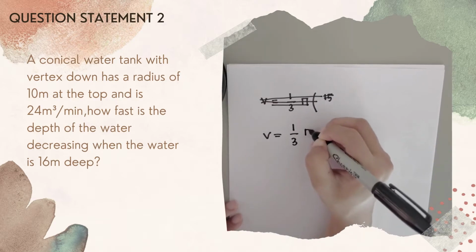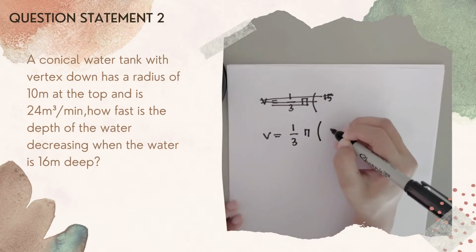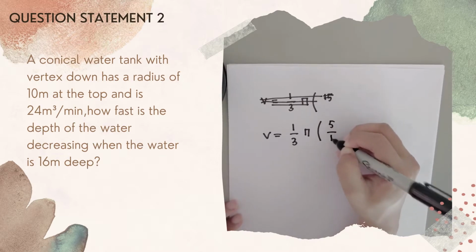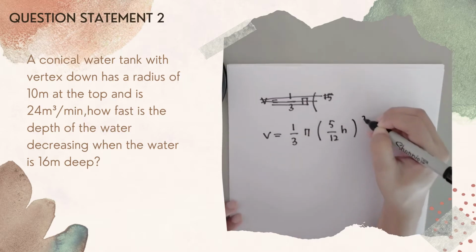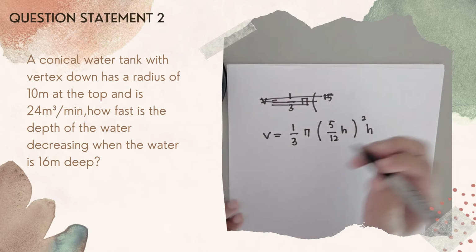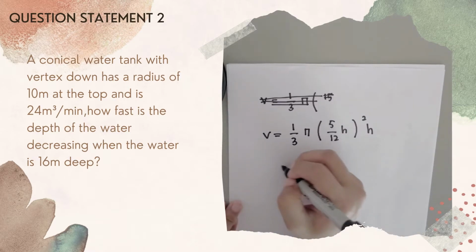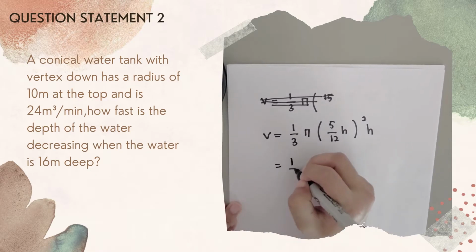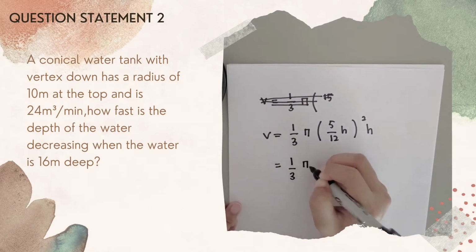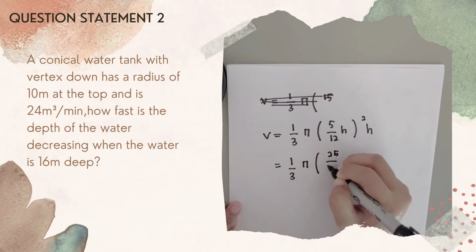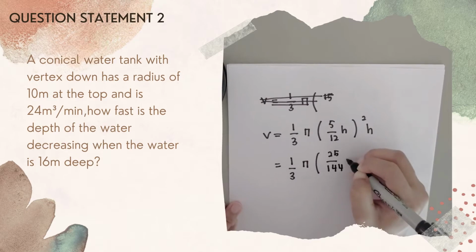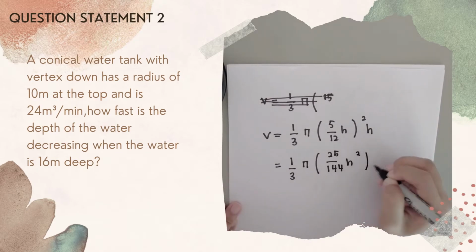We substitute the r value into the formula and we will get 1 over 3 pi in bracket 5 over 12 h squared multiplied by h. After expanding the square, we get 1 over 3 pi bracket 25 over 144 h squared multiplied by h.